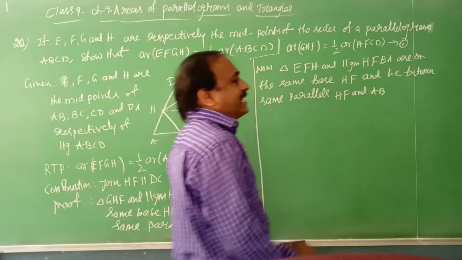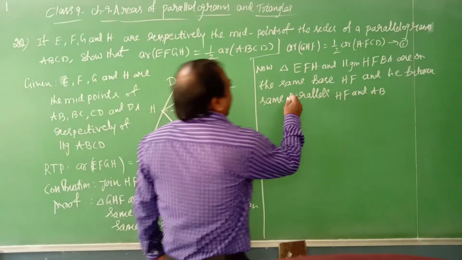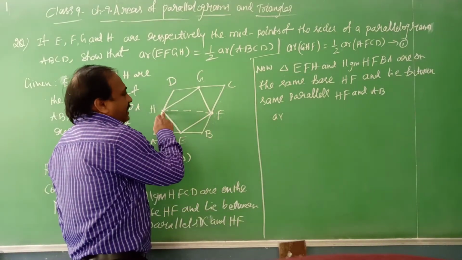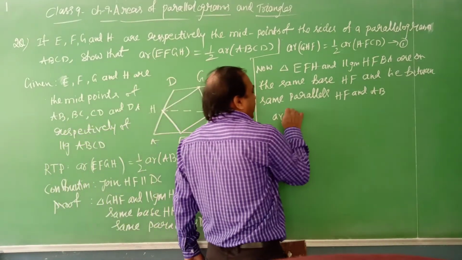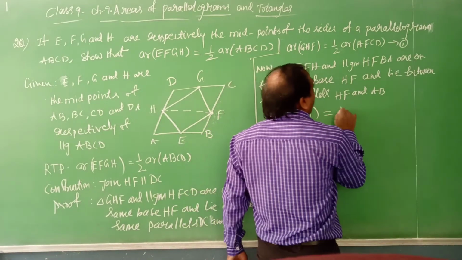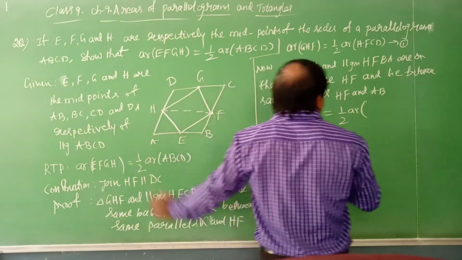So the area of triangle EFH is equal to half of the area of parallelogram HFBA.